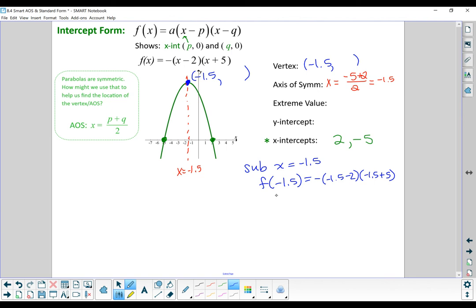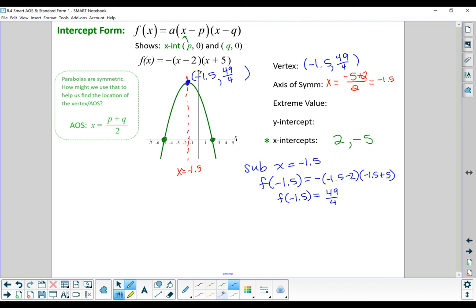And we can calculate that in our calculator. We get 49/4. And if you had that in decimal form, that would be okay as well. I'm going to leave it as a fraction, but you definitely could put it into decimal form.